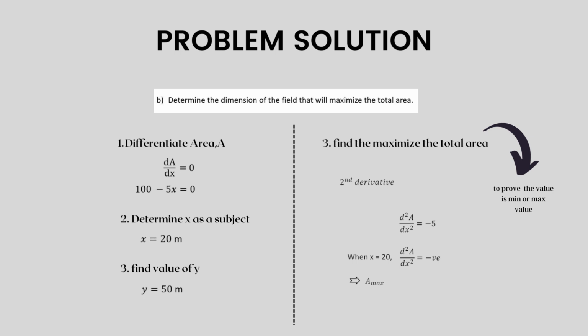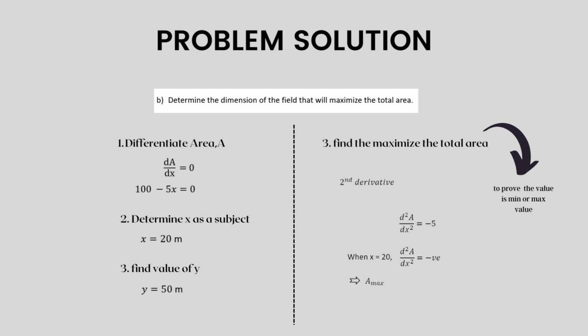For the variable x, we need to subtract 1 from the power, which is 1 minus 1, so the new power for variable x is 0. Repeat the same step for 5/2 x squared, and at the end we will get 100 minus 5x equals 0. The next step is to make x the subject, and we get x equals 20.